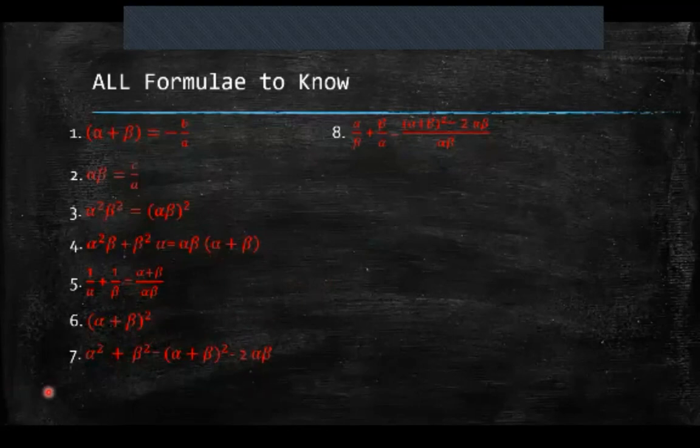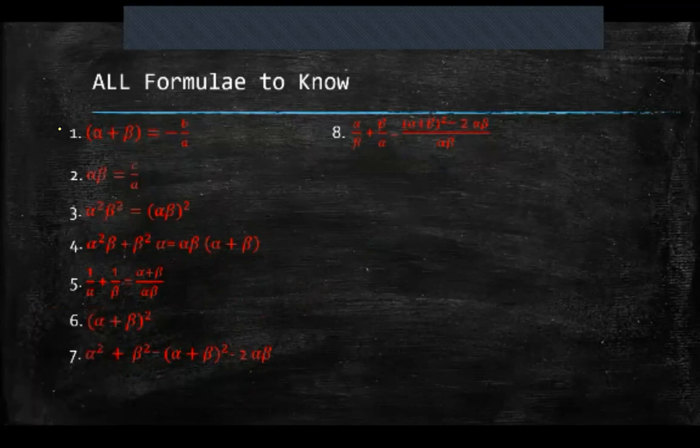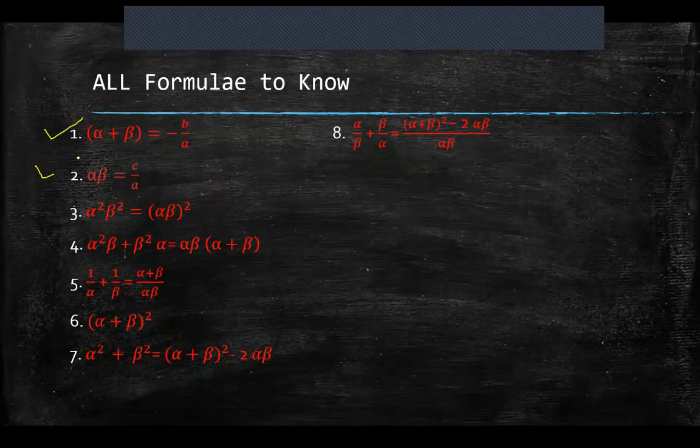The only one that you really have to memorize is this one. So you need to know this, minus b on a, c on a, and this one: alpha squared plus beta squared is alpha plus beta squared minus 2 alpha beta. But you see these, 3 to 6 and 8, you don't have to memorize, because it should make sense to you.